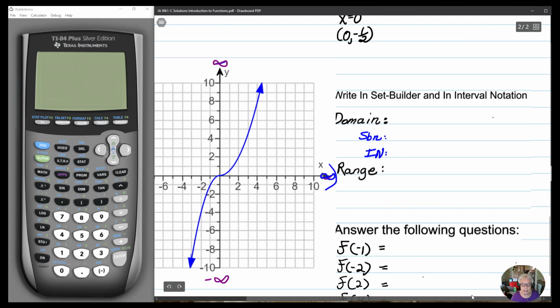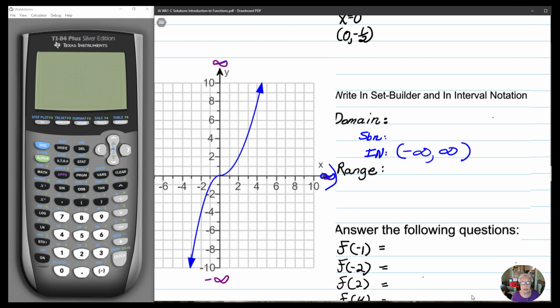It's so easy to write in interval notation. Never put a bracket around an infinity sign. Now the set builder notation, the way it's written in your book, is all x such that x is all real numbers.